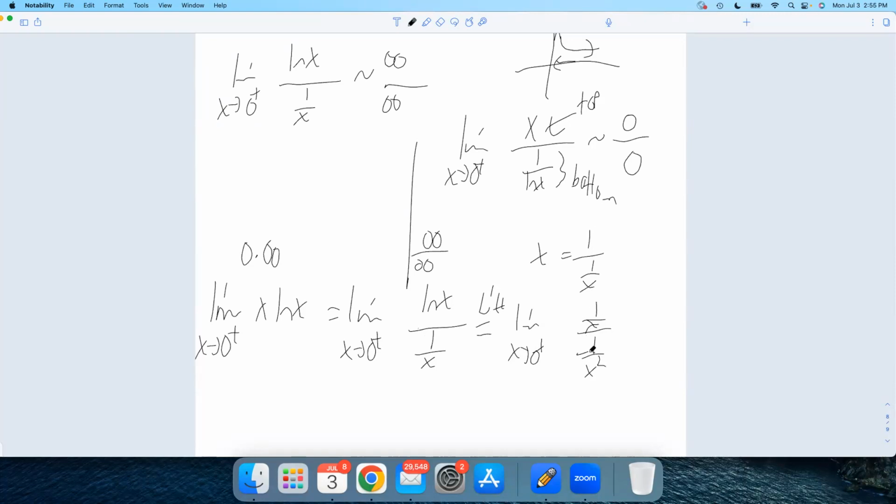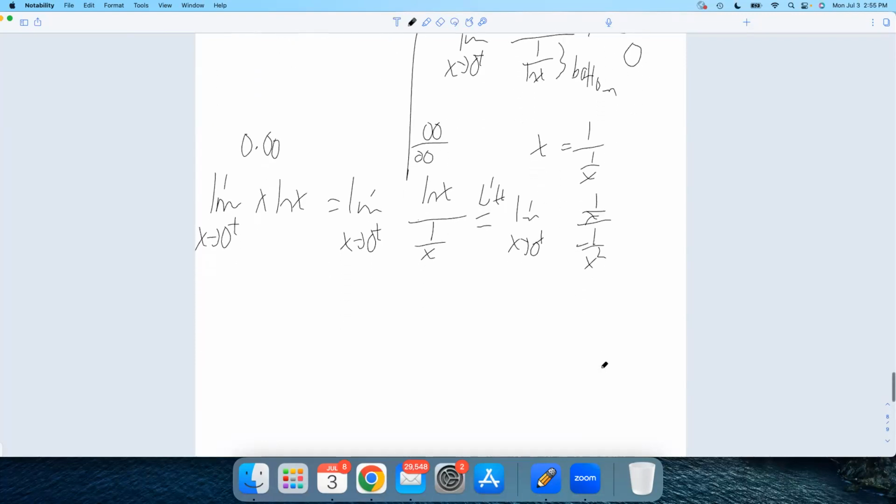But I've seen people say, oh, well, if I plug in a 0, I get 1 over 0. That's infinity over infinity. This still looks like infinity over infinity. Let's keep using L'Hopital's. It only gets worse. If you tried to use L'Hopital's on this again, you would just make it worse.